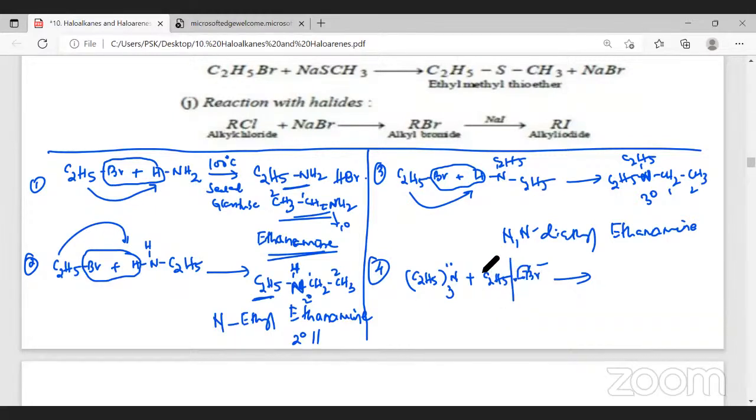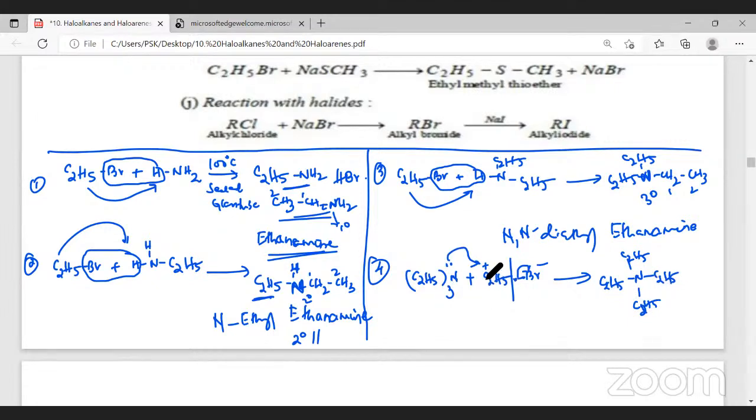Bromine gains a negative charge and carbon gains a positive charge. So this pair of electrons is donated to C2H5. When this pair of electrons is donated to C2H5, I can write C2H5, N, C2H5 single bond C2H5 and I'll write C2H5.